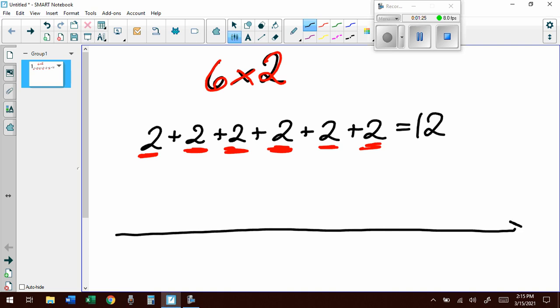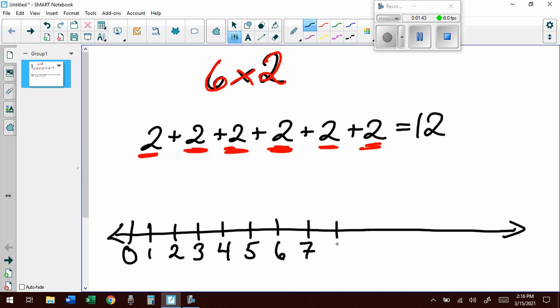Using a number line, we started with nothing. Then we went 1, 2, 3, 4, 5, 6, 7, 8, 9, 10, 11, 12, 13, 14, 15.